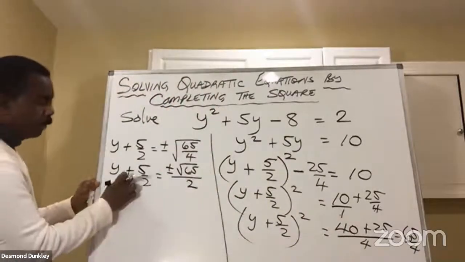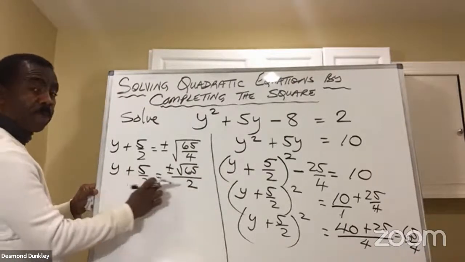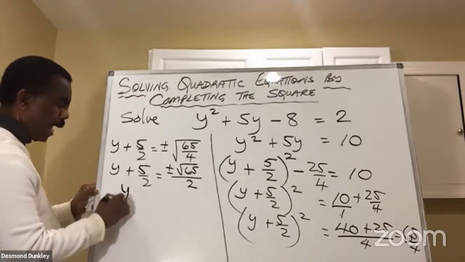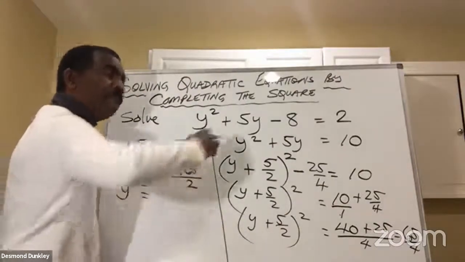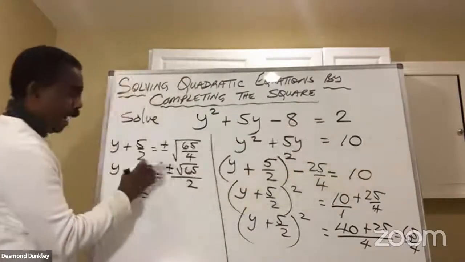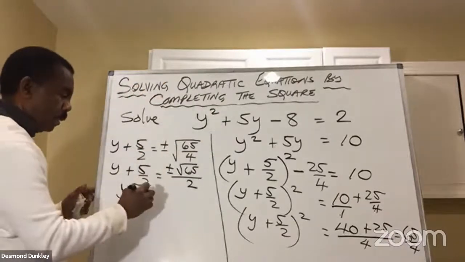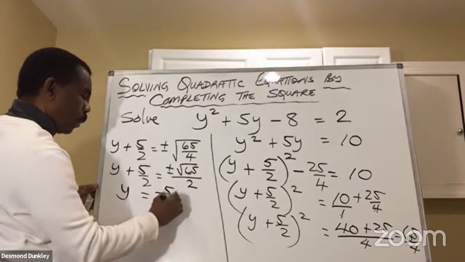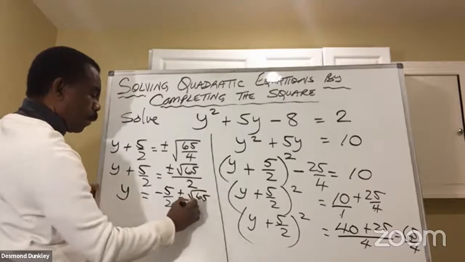Okay? Get rid of this over here. So we end up, it's going to become minus 5 over 2. It's a positive, so we have to subtract. So y is equal to, it's always good to write the radical last. So you write the whole numbers first and the radicals last. Okay, so now we have negative 5 over 2 plus or minus square root of 65 over 2.